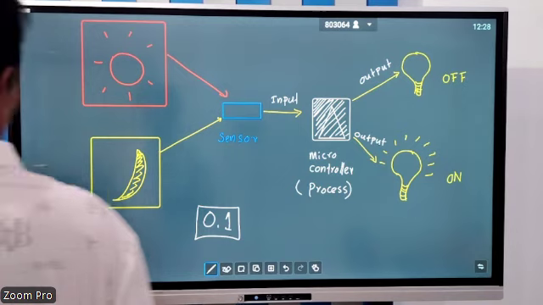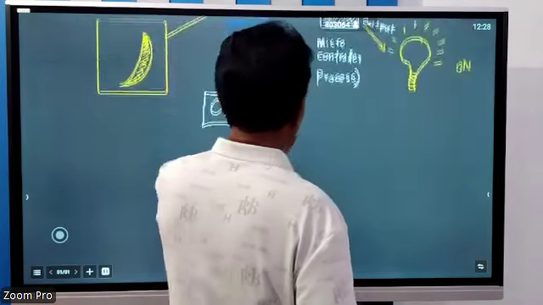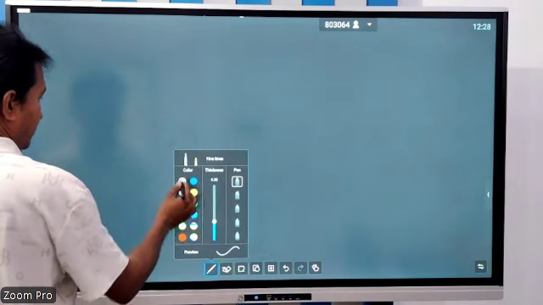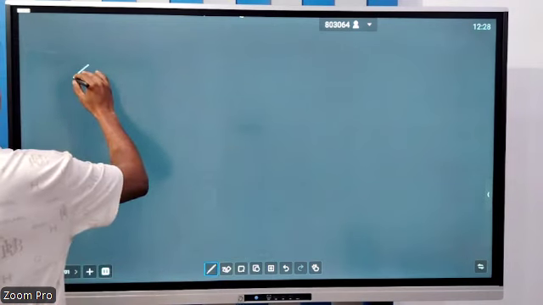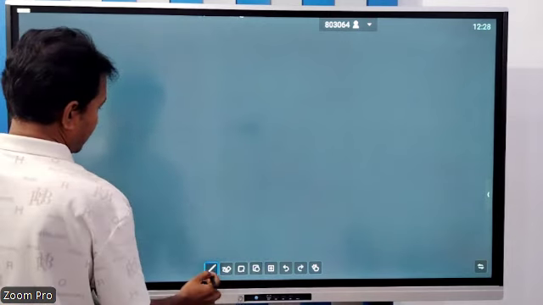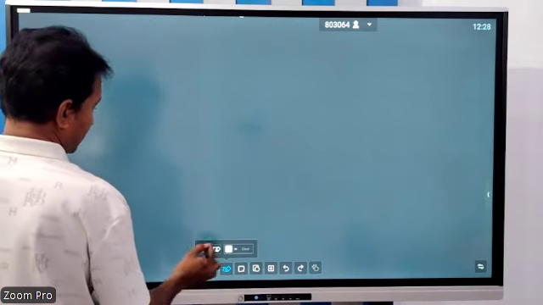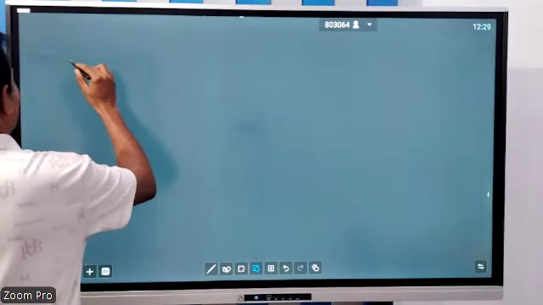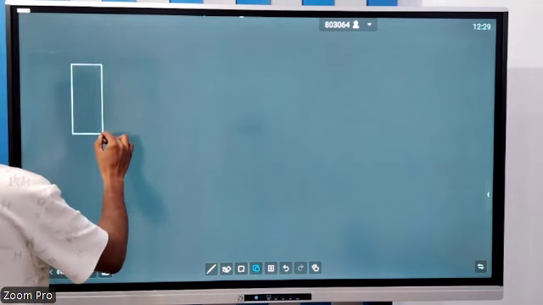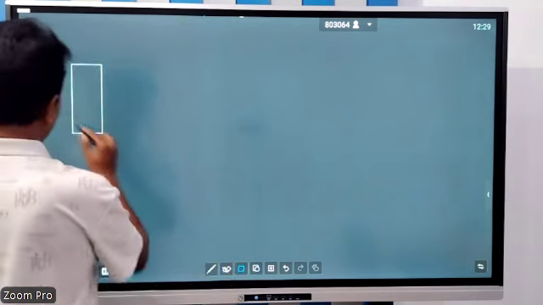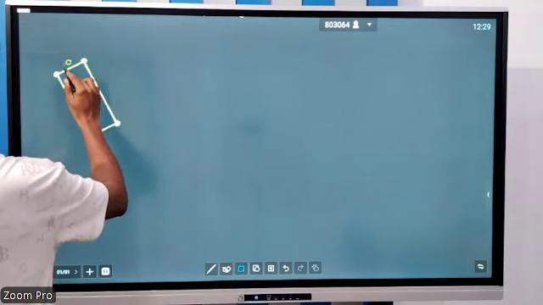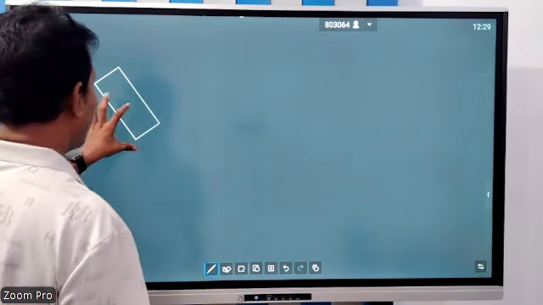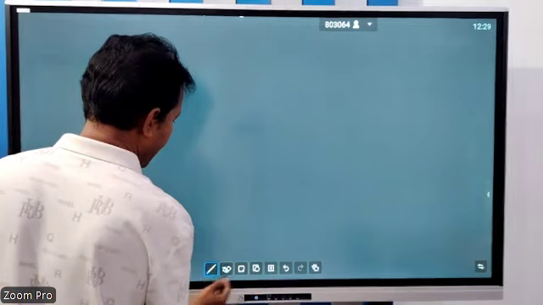Right. Now, we are going to discuss something important, buddies. I draw the microcontroller like this for a purpose, right?